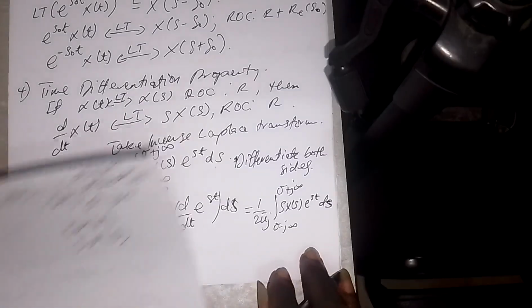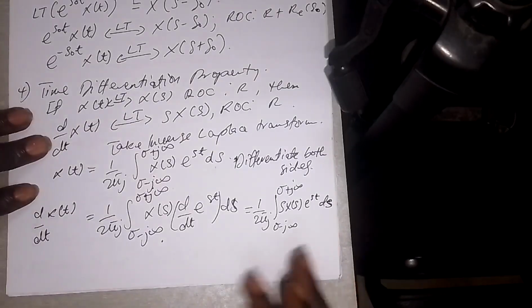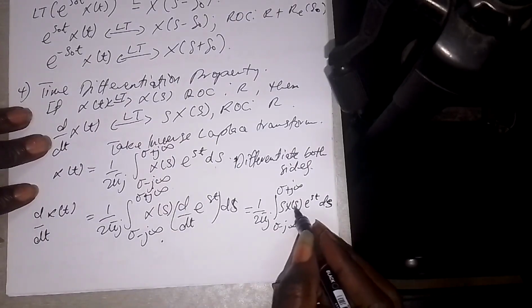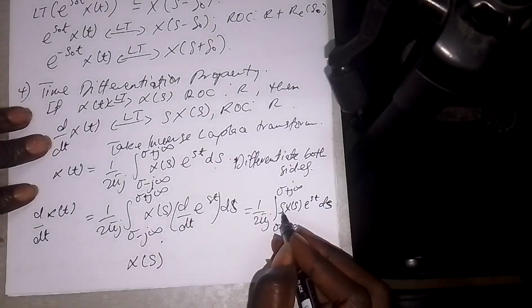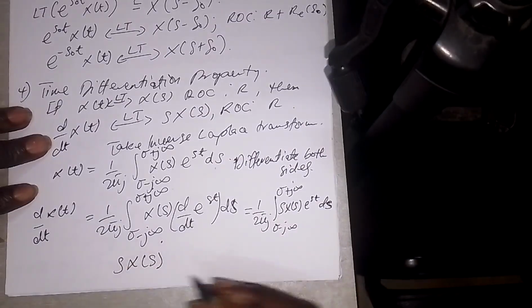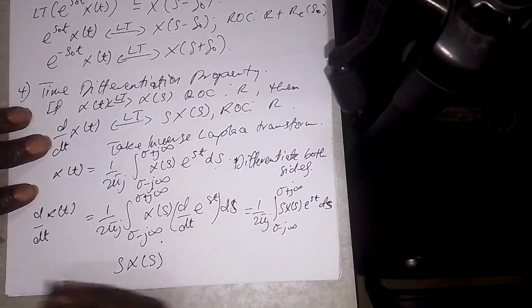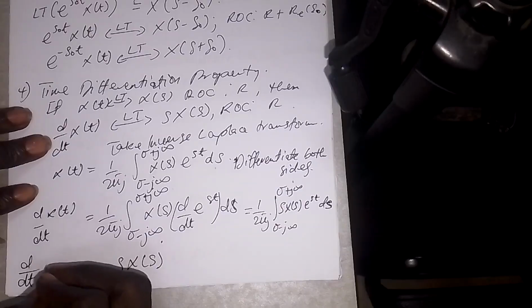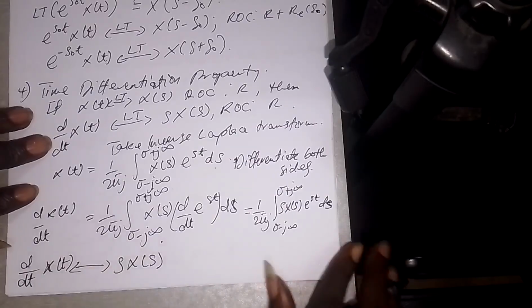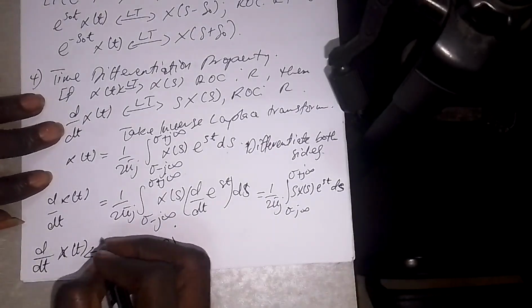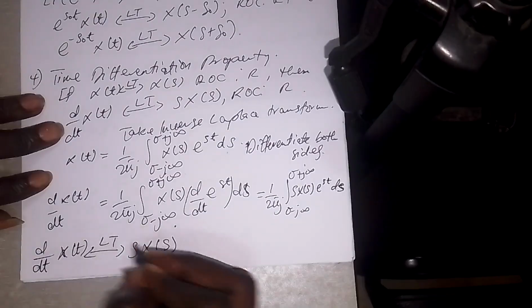So what I want to do is write here X of s, and then I bring this s, which is my transform for d over dt of x of t, which is the Laplace transform.